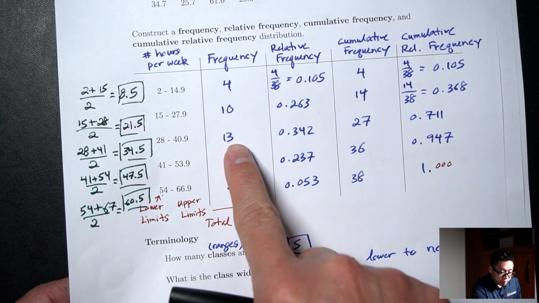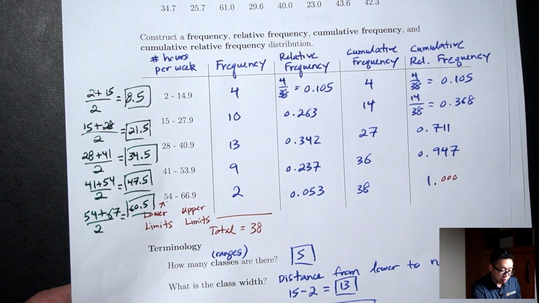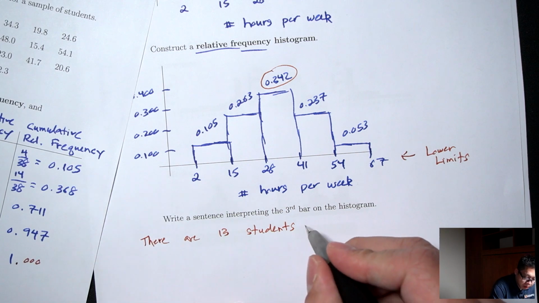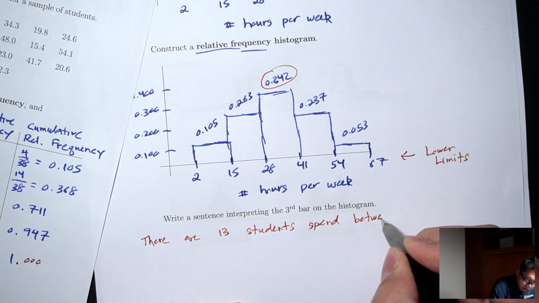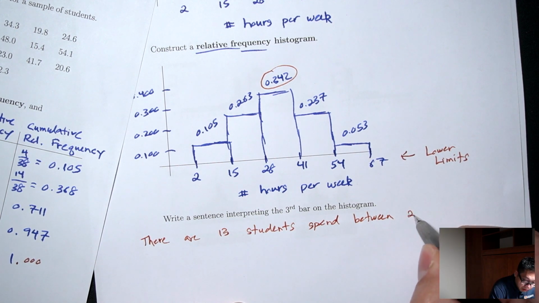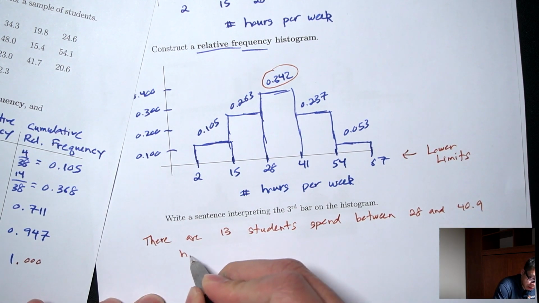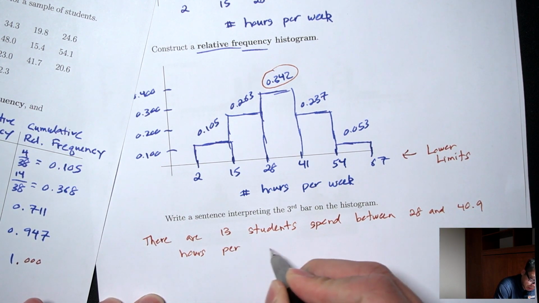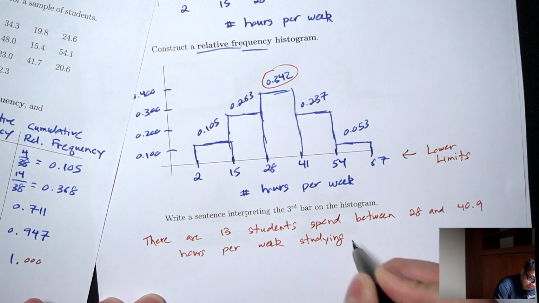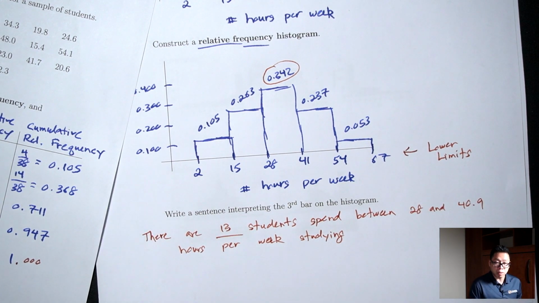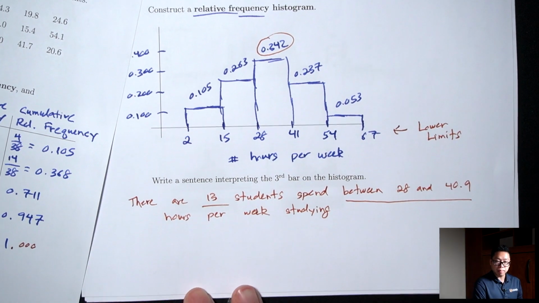These 13 students spend between 28 and 40.9 hours per week studying. Okay, I'm looking for the 13, and then what's special about these 13? They spend between 28 and 40.9 hours per week studying.